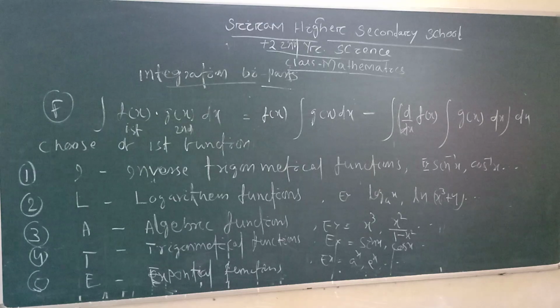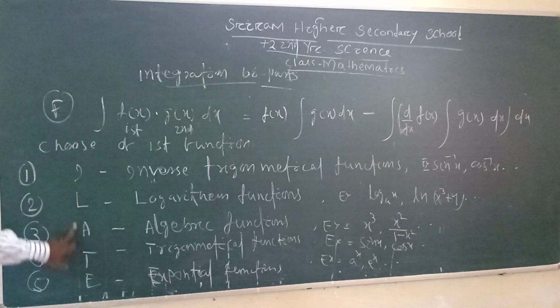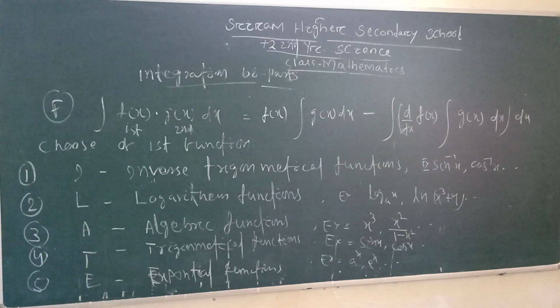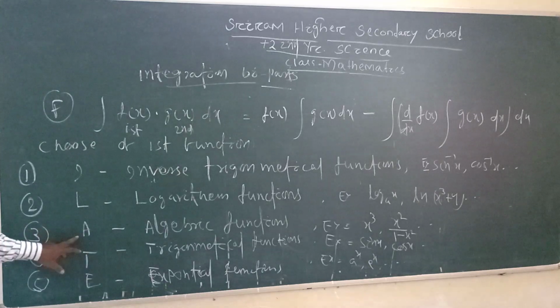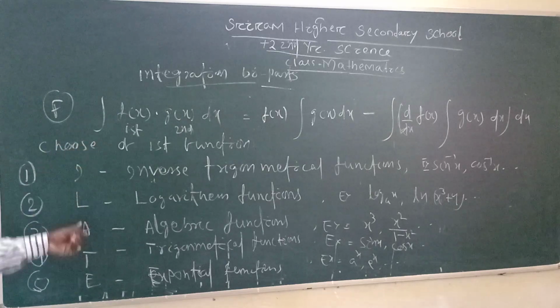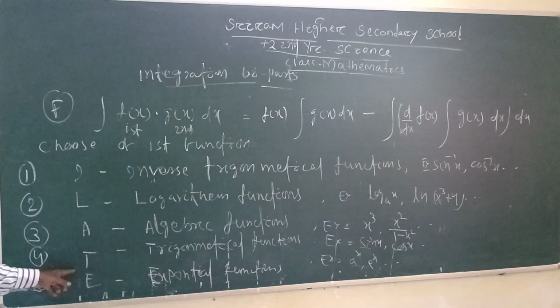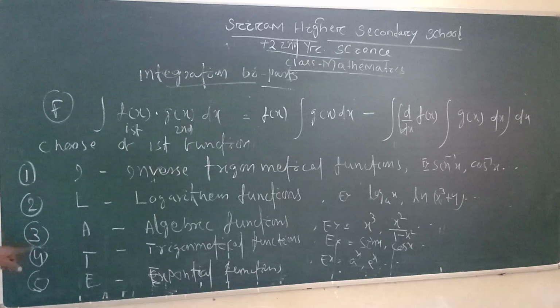If two functions are multiplied, I take them serially in the order I L A T E. For example, if you are given the integration of x cube sin x, x cube is algebraic, number 3, and sin x is trigonometric, number 4. Which is coming first? 3 is coming first. So we take x cube as the first function. Remember, it is very important for you.